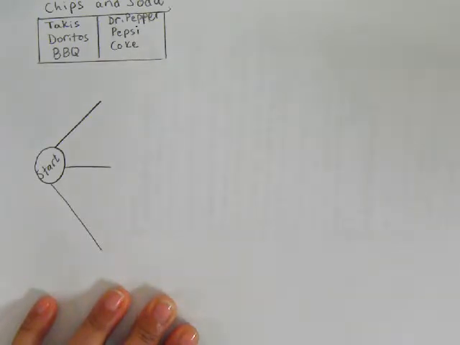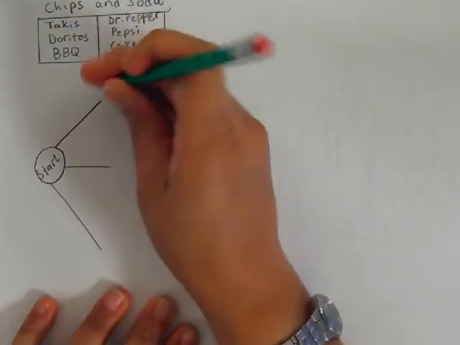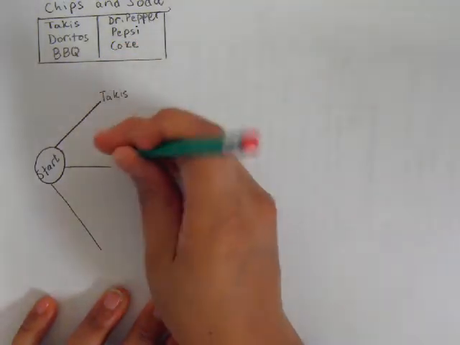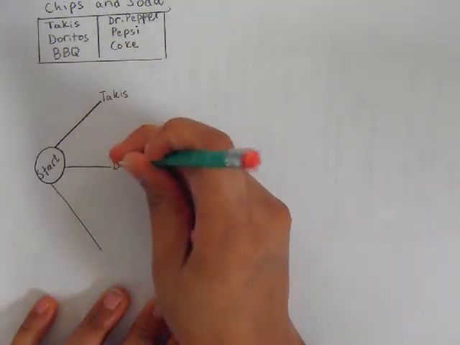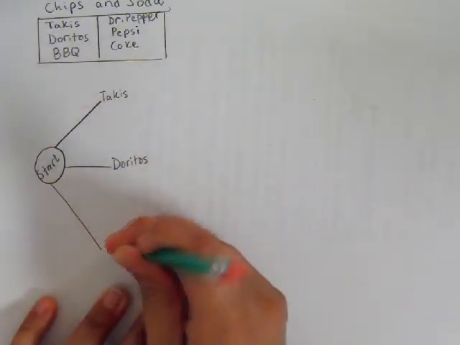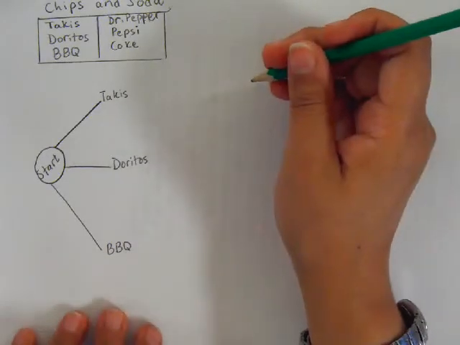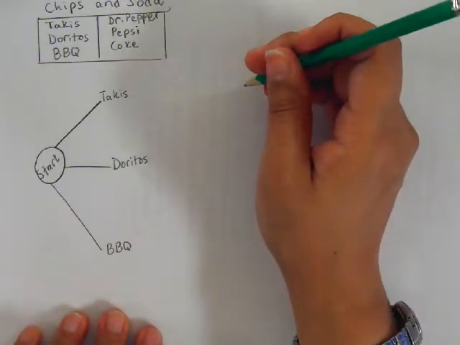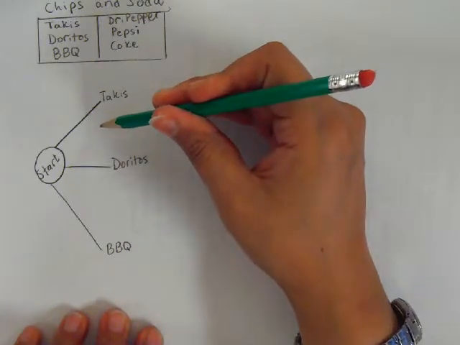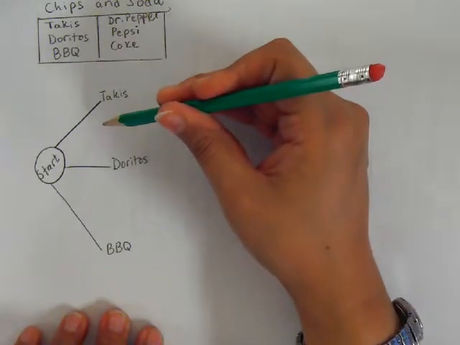And so we start here, and at the end of each of the lines, we are going to write with words, Takis, Doritos, and barbecue. Love barbecue chips. Okay, so are we done? No, not with the first event, because we need to represent what are the chances of us closing our eyes and getting any one of these chips.